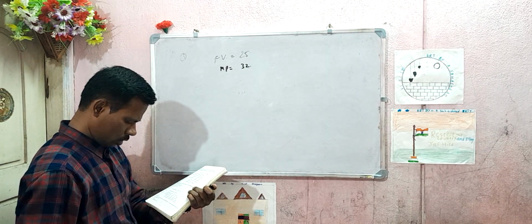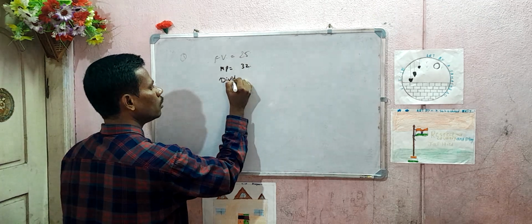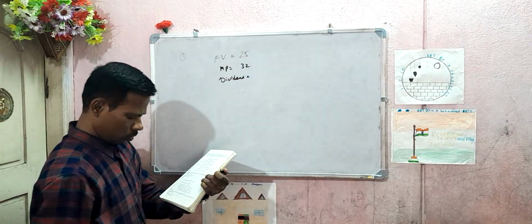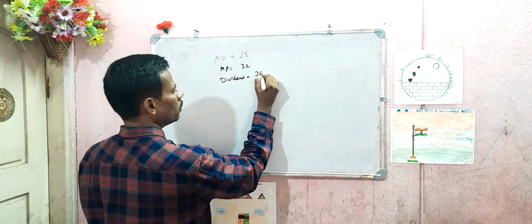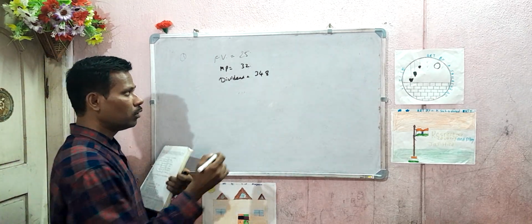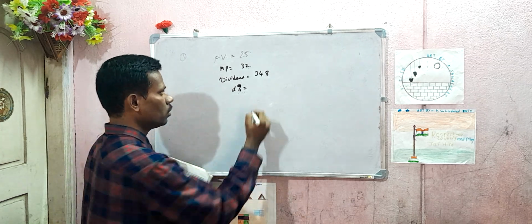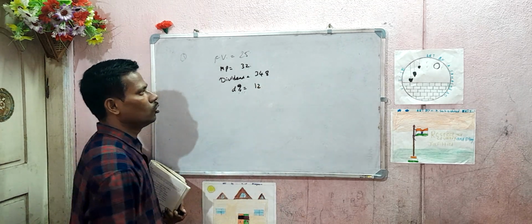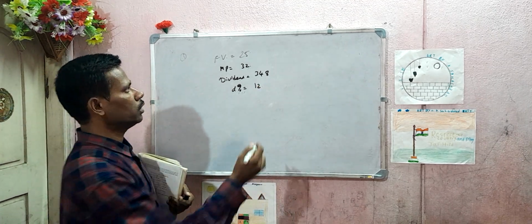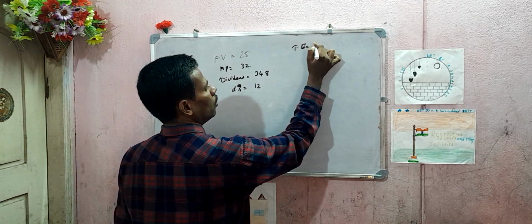Next, income is nothing but dividend. Dividend is equal to 348. Next, dividend percentage is given as 12. So what is being asked? Total investment is being asked. Total investment is how much?